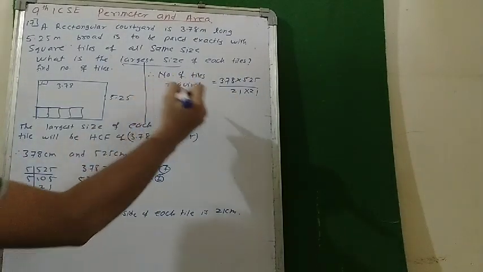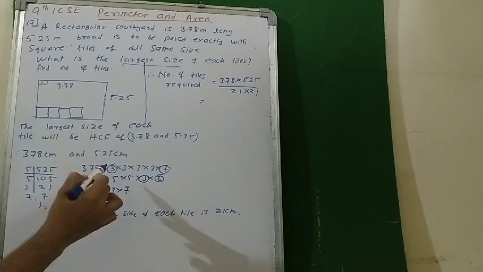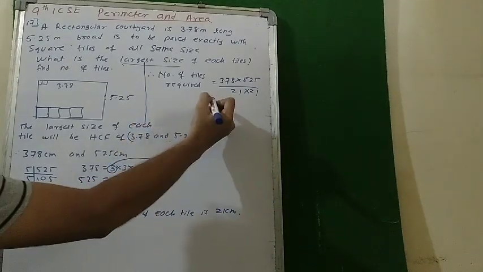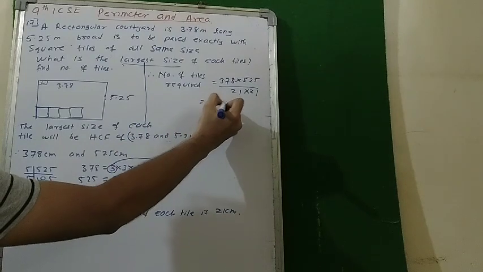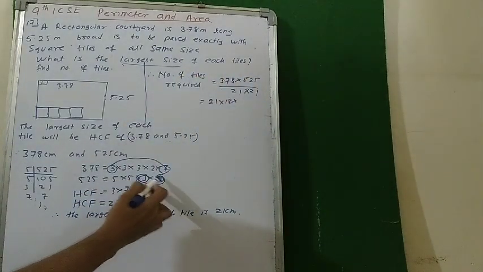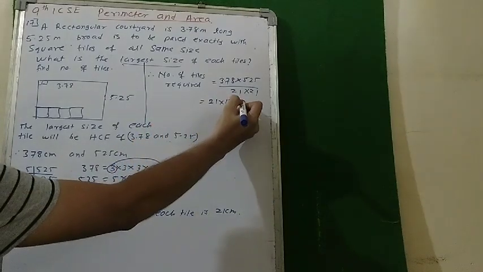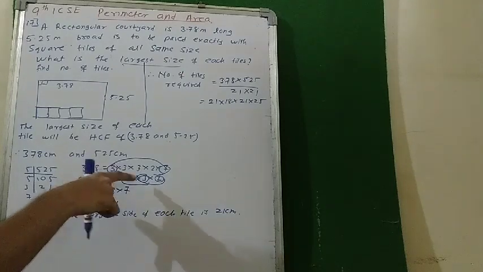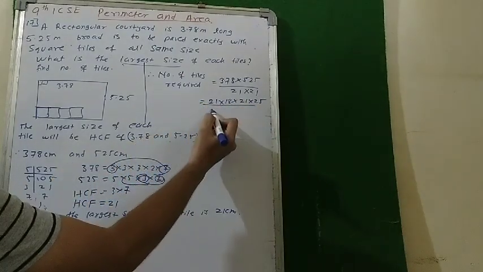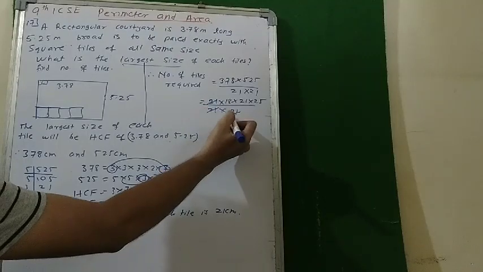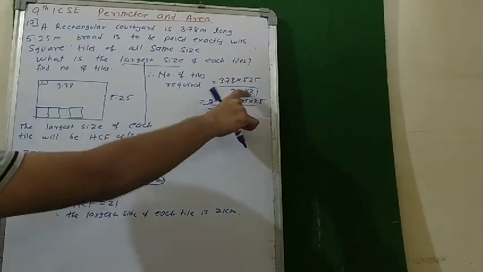See, 378 can be written as 18 into 21, and 525 can be written as 25 into 21. We know the factors, right? So 21 into 21, 21 and 21 cancel. Why is 21 into 21 in the denominator?